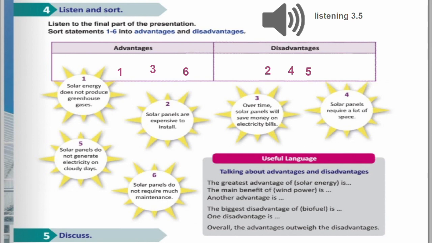The greatest advantage of solar energy is, the main benefit of wind power is, another advantage is. The biggest disadvantage of biofuel is, one disadvantage is. Overall, the advantages outweigh the disadvantages. So let's see activity 5.